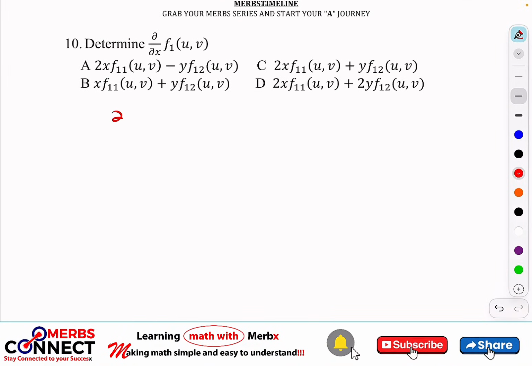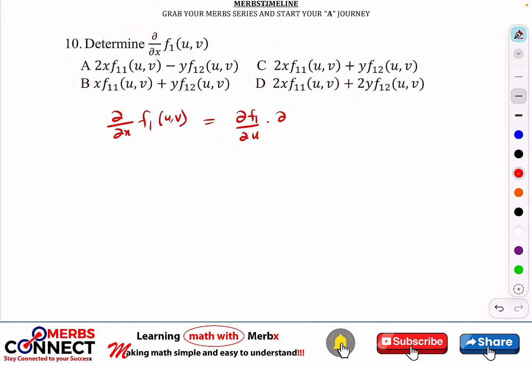Now, partial of x with respect to this is going to give us partial of f1 with respect to u times partial of u with respect to x plus partial of f1 with respect to v times partial of v with respect to x.